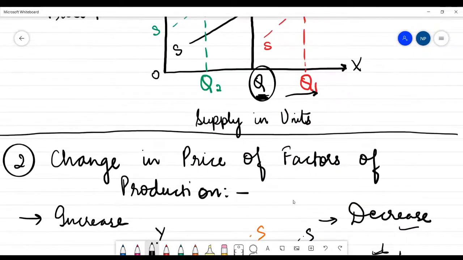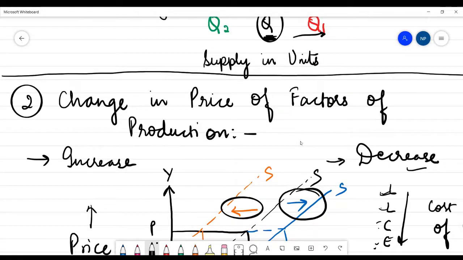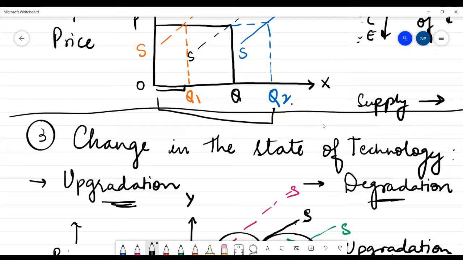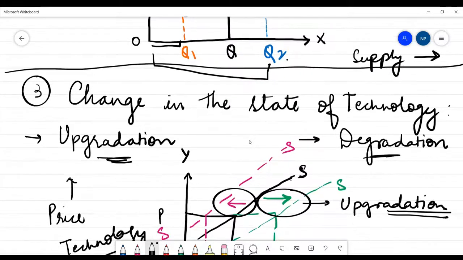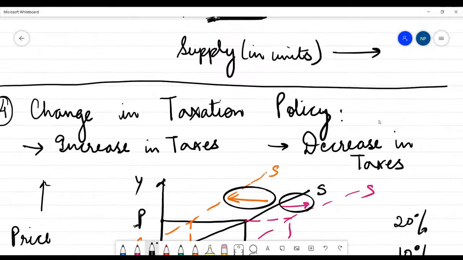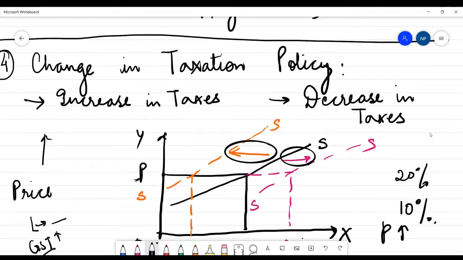Then second, we have seen change in price of factors of production. Then what happens when it increases and decreases? Then we have seen the other factor, that is upgradation and degradation of technology. And the last that we have seen is the increase and decrease in the taxation policy. I hope you all have understood this much, children.